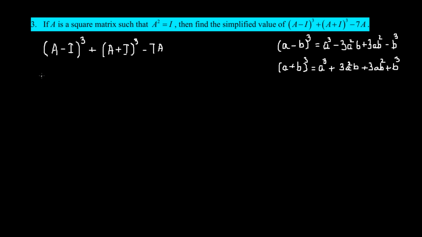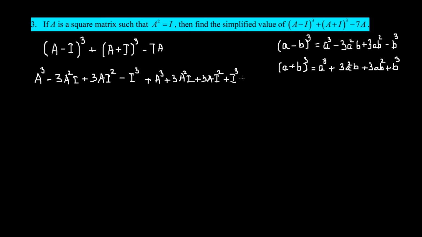So let's apply that. The first expression will become A cubed minus 3A squared I plus 3A I squared minus I cubed, plus A cubed plus 3A squared I plus 3A I squared plus I cubed, and the remaining term, which is negative 7A.